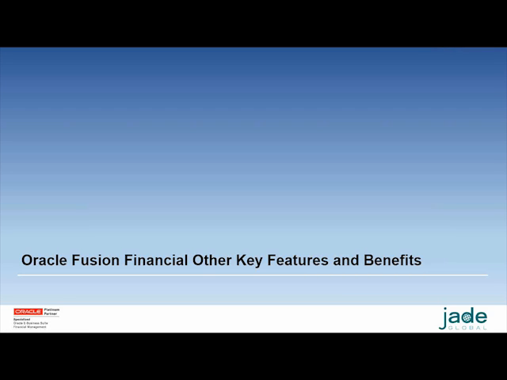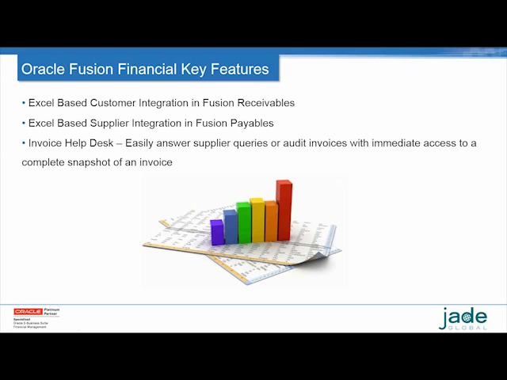Okay, so let's take a look at other key features and benefits. What else do we have here? As part of financial key features, you have Excel-based customer integrations in Fusion Receivables, and you have Excel-based supplier integrations in Fusion Payables.